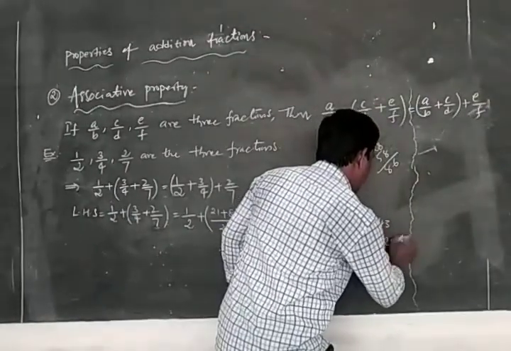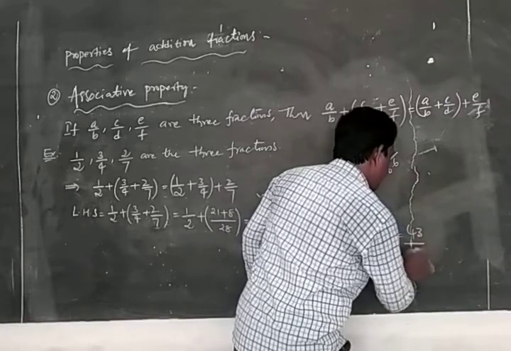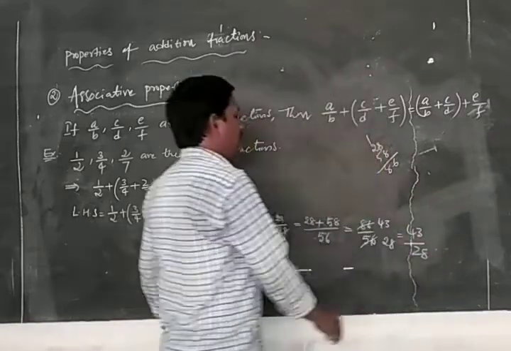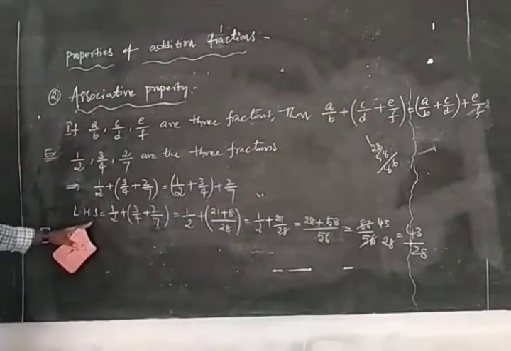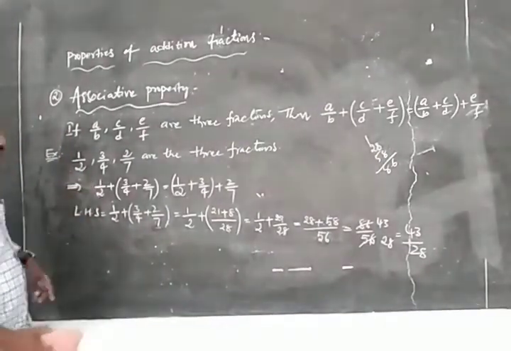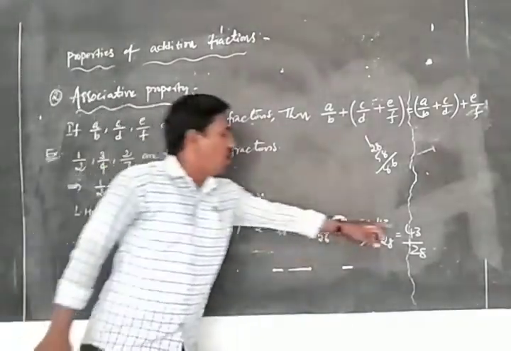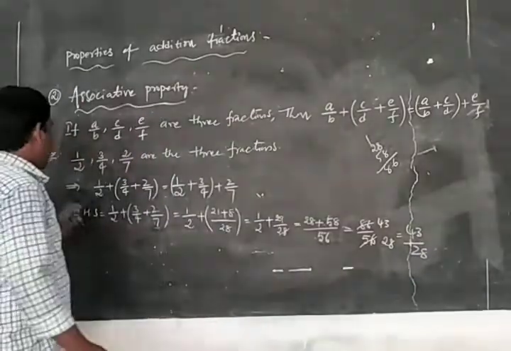This is 43 by 28. This is the LHS value. Then we have to find the RHS value.